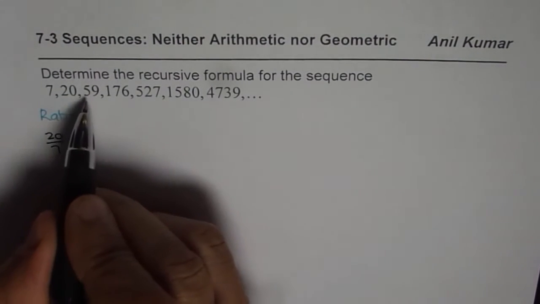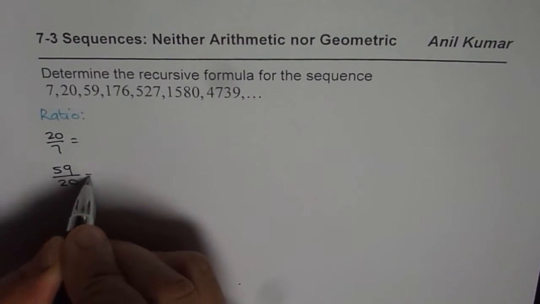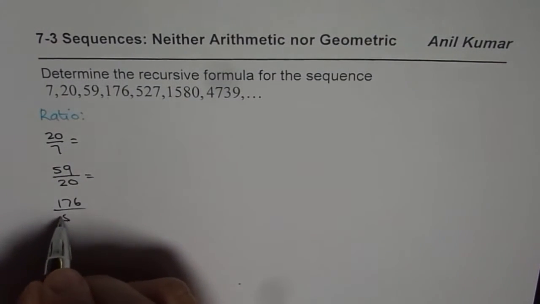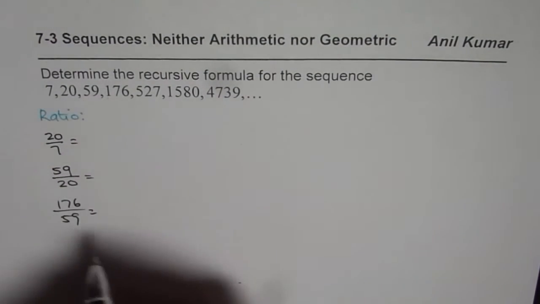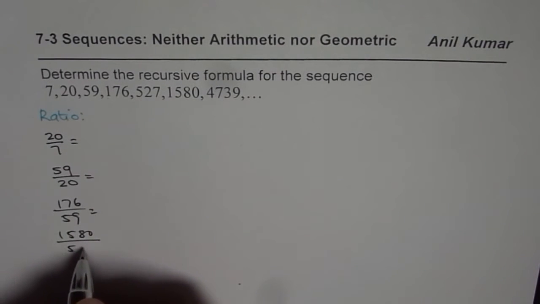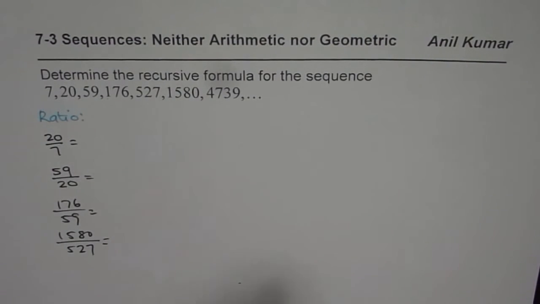Then 59 over 20. Then 176 over 59. And then 1580 divided by 527. Okay, so I missed one in between. That's okay. Anyway, we'll calculate these ratios now.